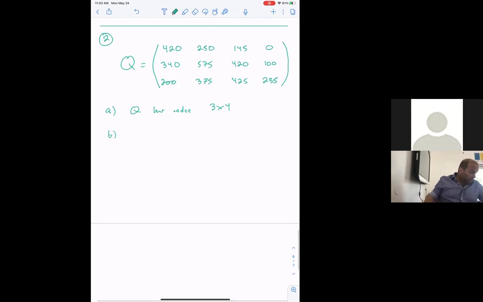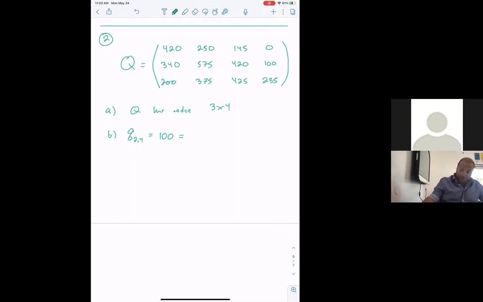B, write down the value of Q sub 24 and describe its meaning. Second row, fourth column, 100. And what is that? Well, it's product 2, manufacturer 4.